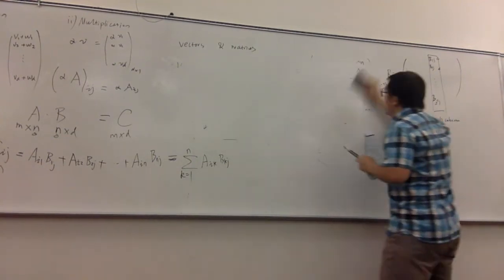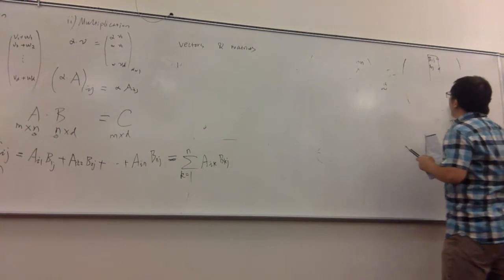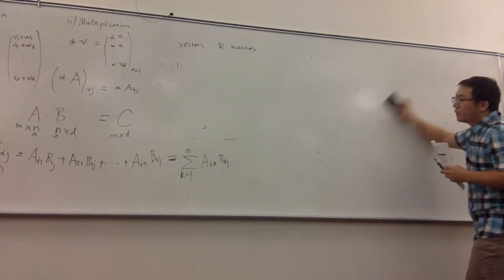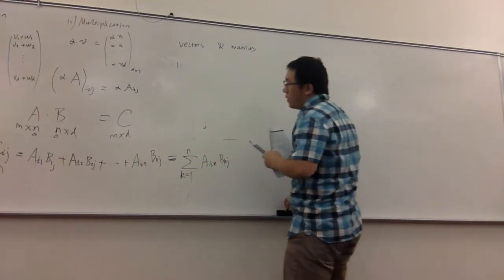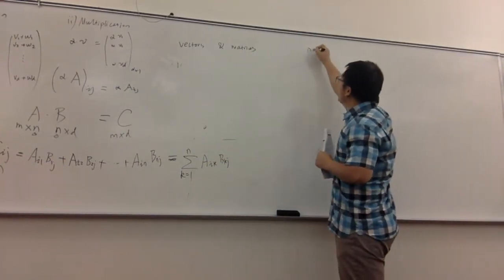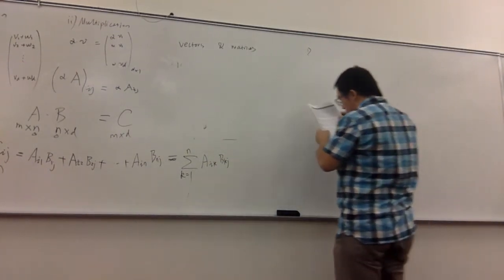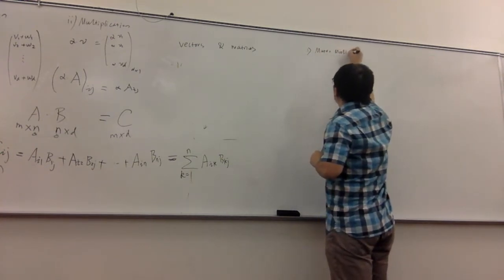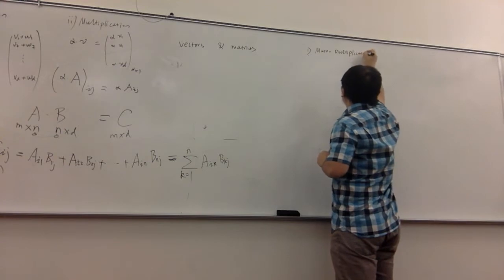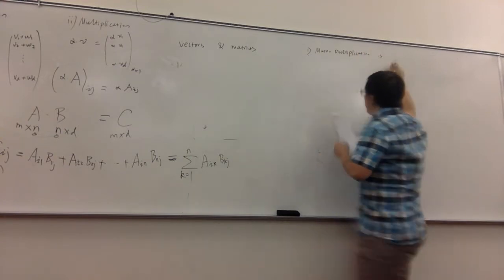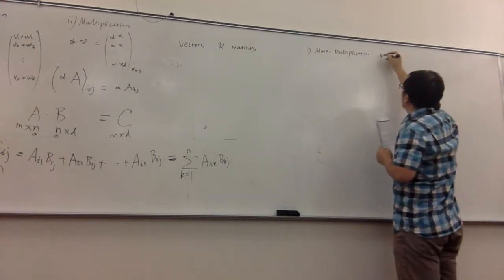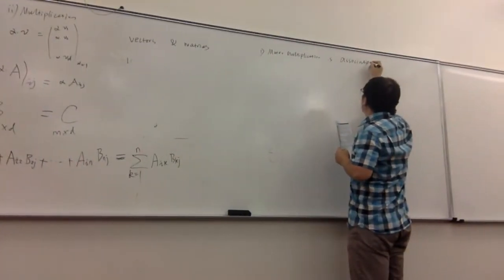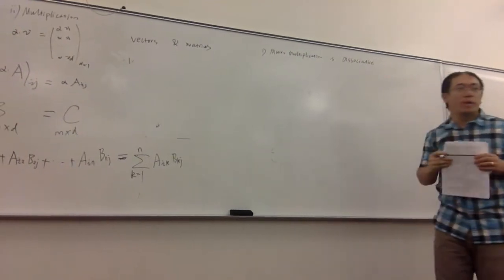So some properties regarding matrix multiplication. First, matrix multiplication is associative. So what does associative mean?